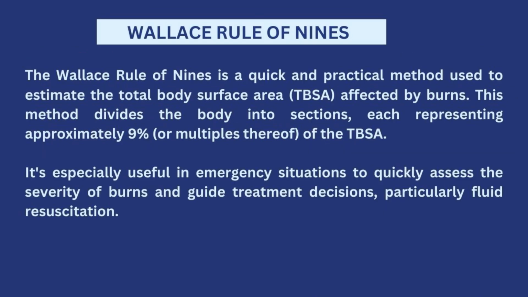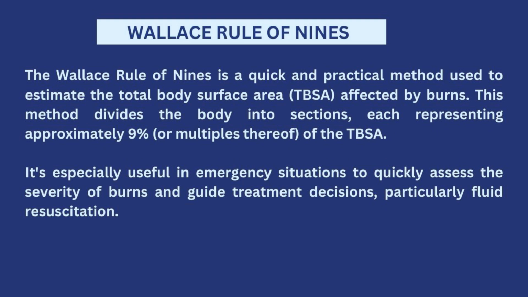While the degrees can help us know the depth, Wallace's rule of nines can help us talk about the body surface area, or the area of the body that is affected by burns. Basically, the Wallace rule of nines is a quick and practical method to estimate the total body surface area affected by the burns. This method divides the body into sections, and each of these sections is either approximately 9% or a multiple of 9.